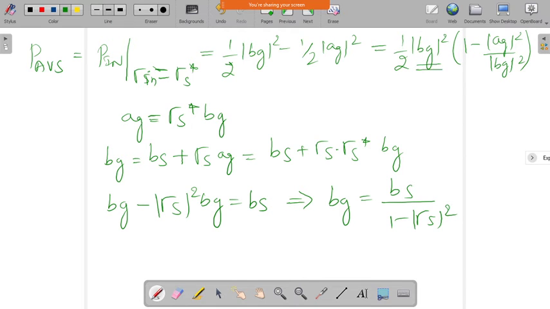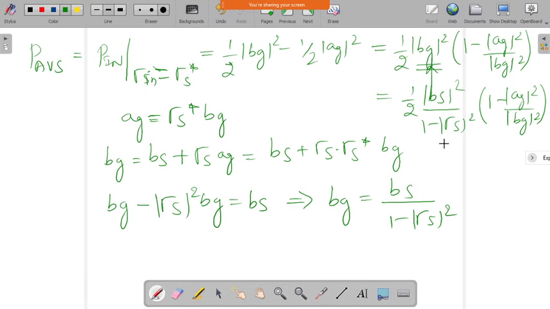Now if I substitute for Bg from this expression, we get half into Bs square divided by 1 minus gamma S square, into 1 minus Ag square divided by Bg square.